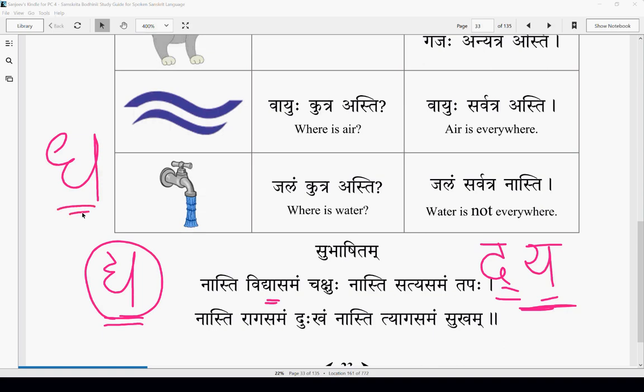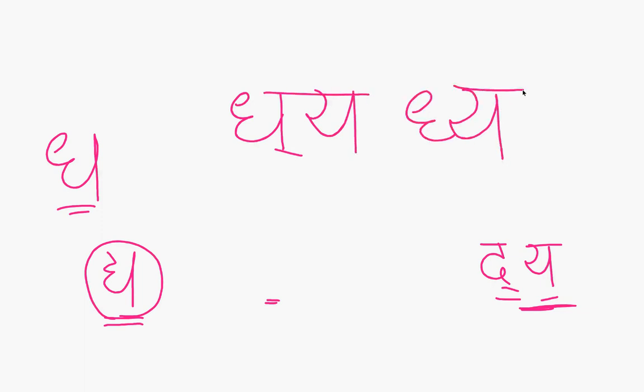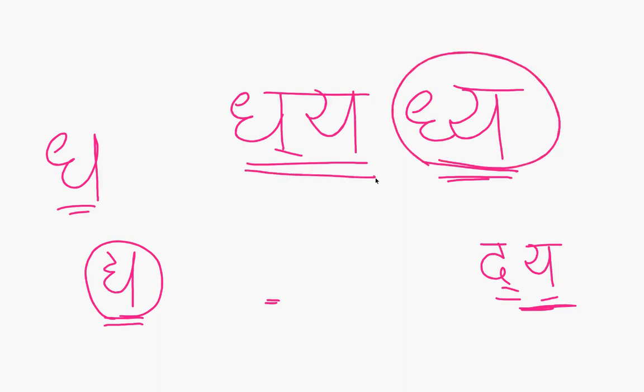And how this dha and ya written together is written like this, dhya. This dhya is actually in this order, dha and ya.